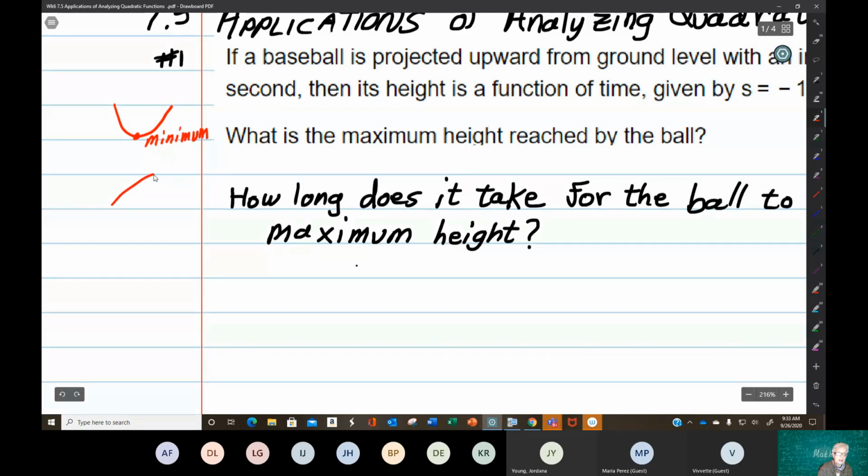And if you have the graph of a quadratic function shaped like this, the vertex is at the top, and it gives you a maximum. We're going to be doing some applications of those kinds of problems.